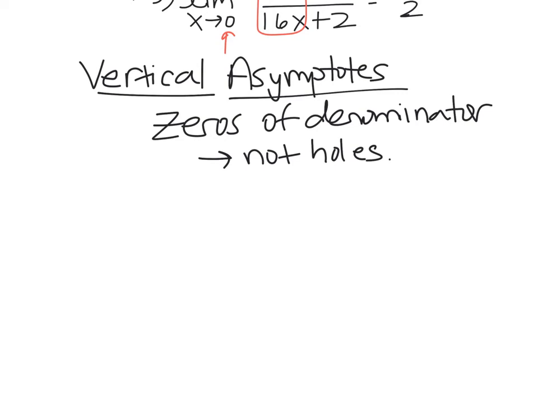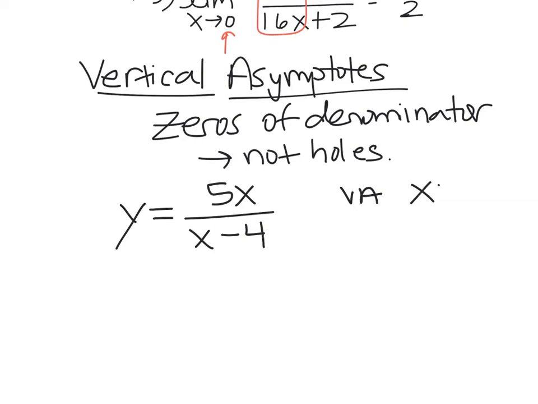So let's take a look. For example, if you had something like y equals 5x over x minus 4. Okay? And I asked you, you can find the horizontal asymptote. We just talked about that, right? You can find it pretty easily. So the vertical asymptote would be x equals 4. Vertical line through 4.